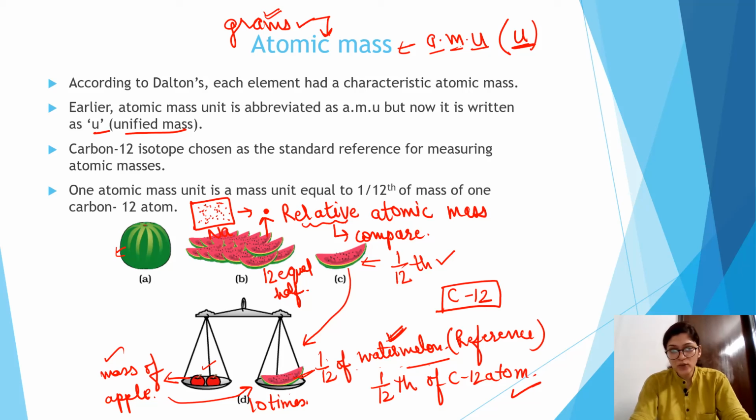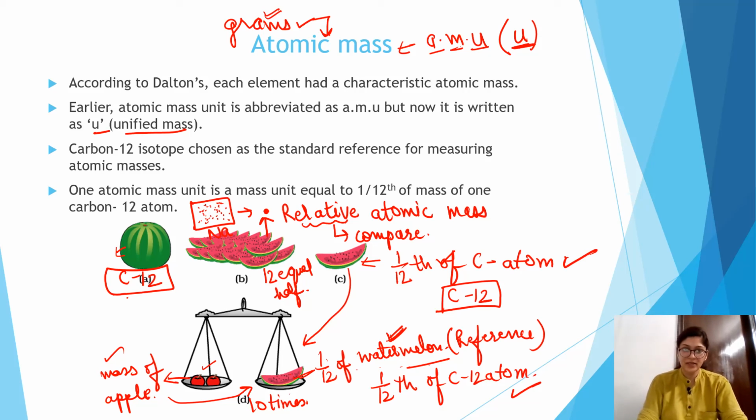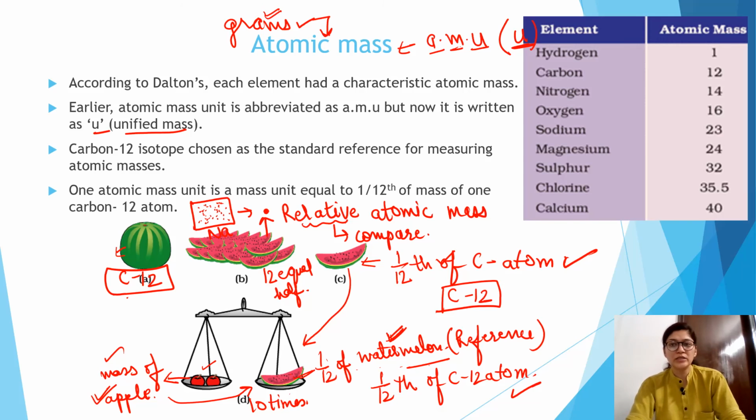This is an entire C12 atom, and 1 by 12th of the carbon atom is taken as a reference, and we can determine the mass of any element. Here we determined the mass of an apple. You can determine the mass of any element, suppose carbon, nitrogen, oxygen, sodium, by comparing with 1u.